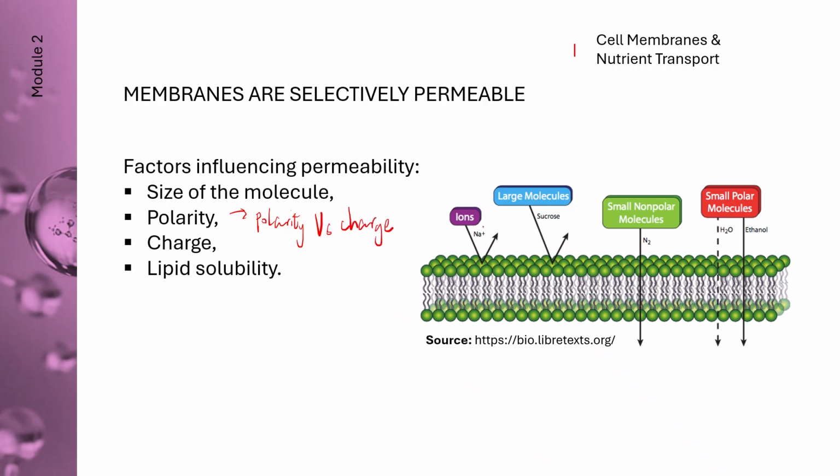If we look at the sodium ion here, it is charged because it has lost one electron and it's an ion, it's heavily charged. But polarity is also a kind of charge, but it has to do with distribution and overall charge.